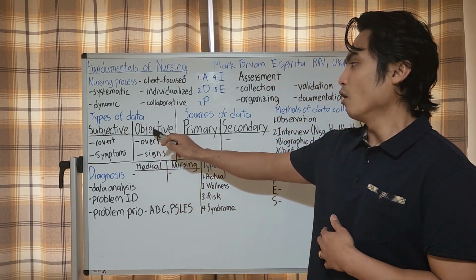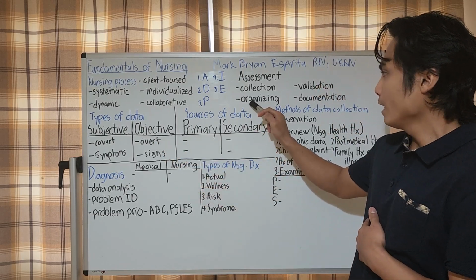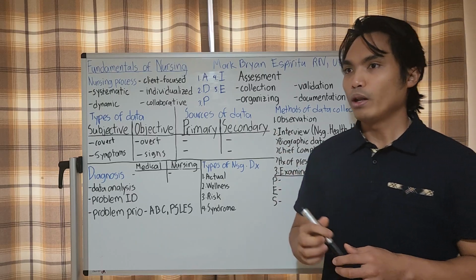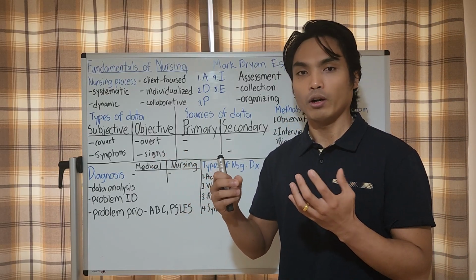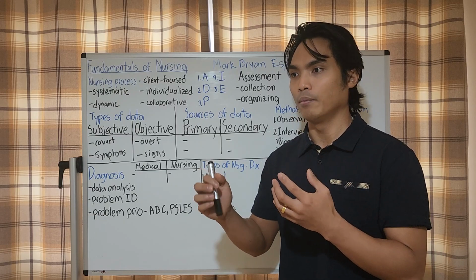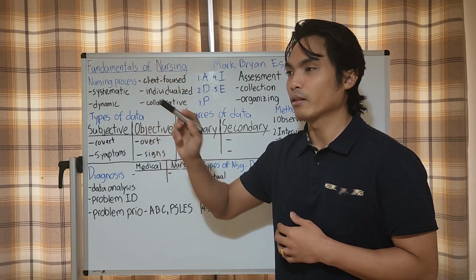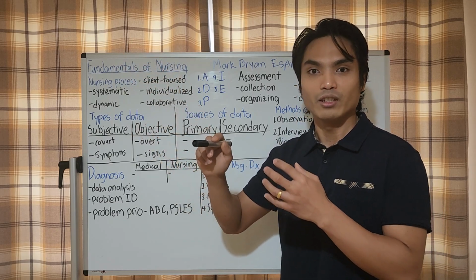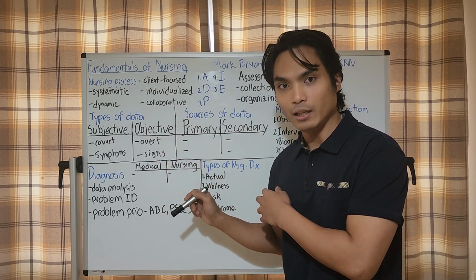Those are objective data. Organizing. When we've collected all this data, we organize them, for example, by system. This data belongs to the respiratory system, short of breath. This data belongs to the digestive system, bowel sounds of 7 per minute.